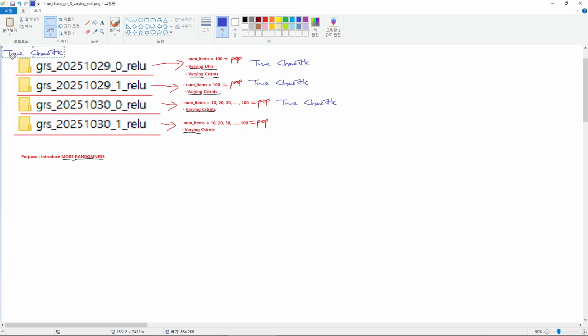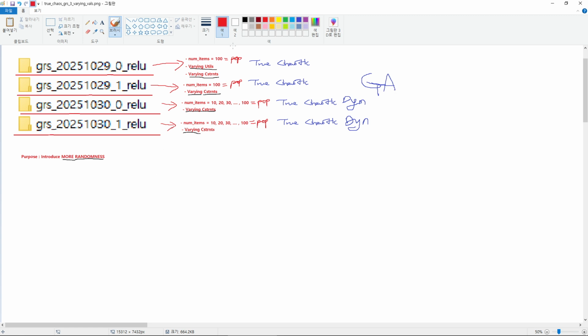The third and the fourth are true chaotic dynamic, all GA, as in genetic algorithm.